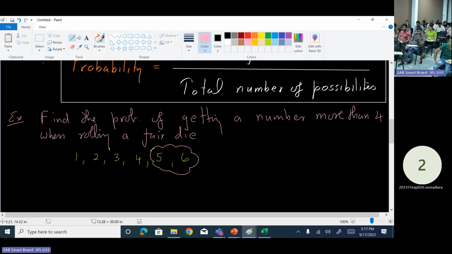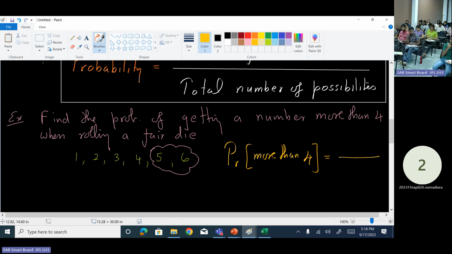So probability of more than 4 equals, going by the classical approach, total number of possibilities 6, and we are interested in 2 of those. So 2 over 6.